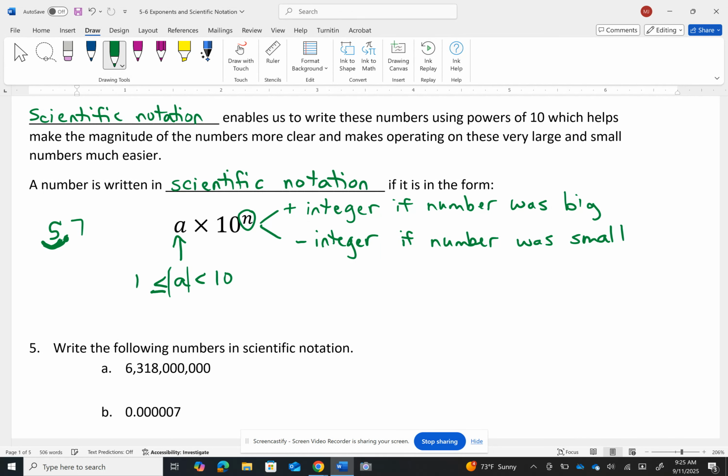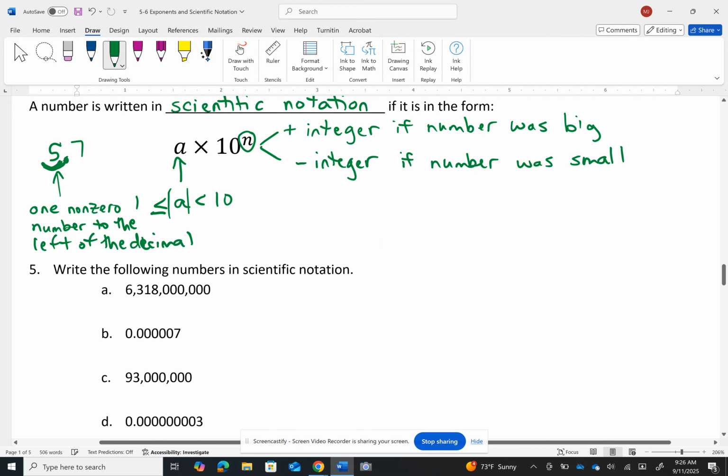So you need one non-zero number over here, is what that's saying, to the left of the decimal. No more than one.